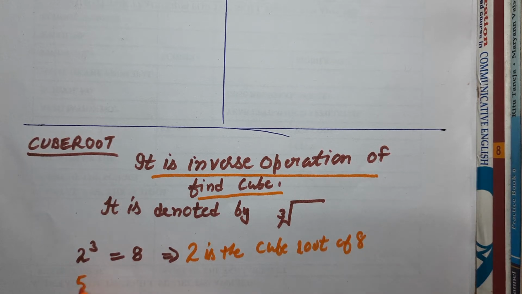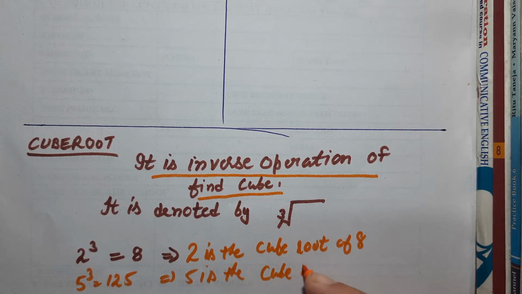In the same way, 5 cube is equal to 125, which implies 5 is the cube root of 125.